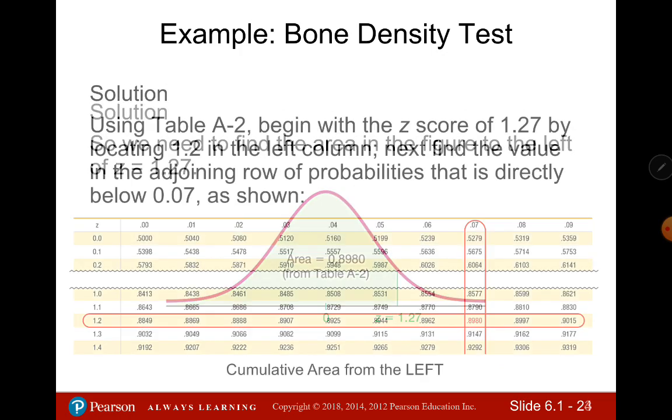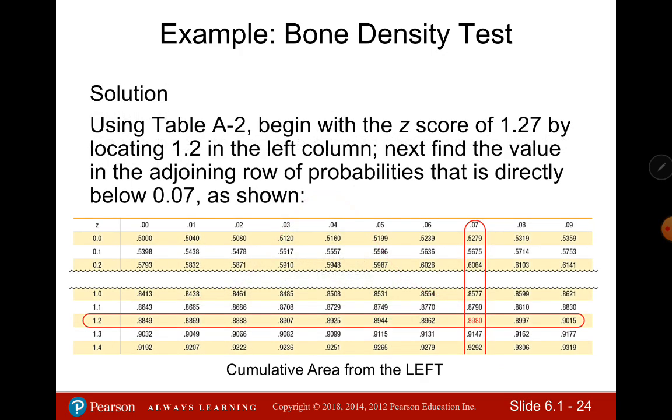Let's check. So basically, this is the part of your z-table. First, you need to check the left column. From the top, we have 0.0, 0.1, and so on. You check this row, 1.2, right? First two digits, 1.2, and we have 1.27. For the last digit, 0.07, we check the very top row.